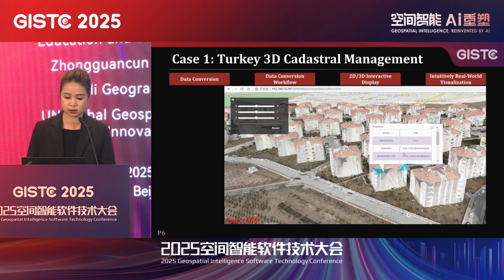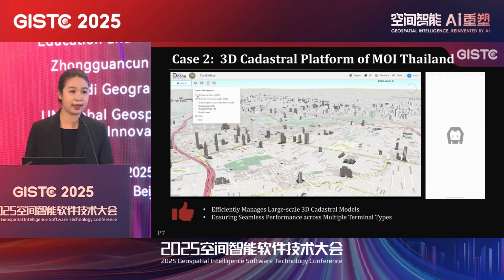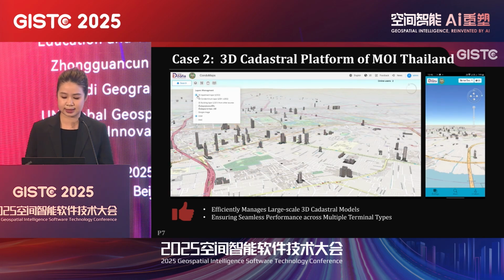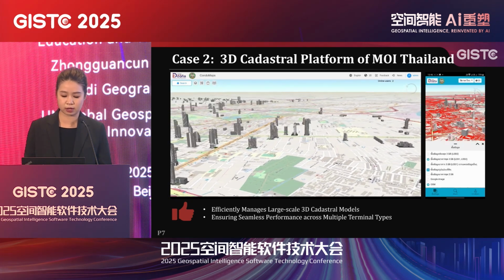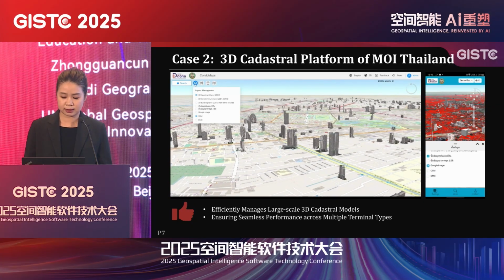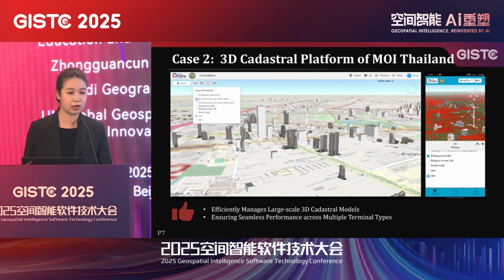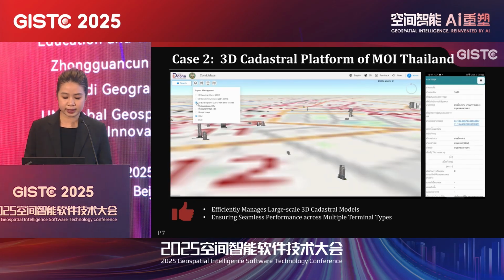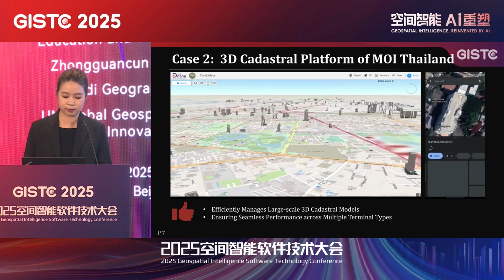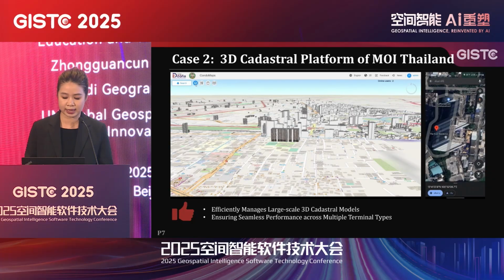geospatial solutions. In Thailand, thanks to our team RDSC, our focus was on managing vast and complex urban environments. SuperMap enabled the efficient management of large-scale 3D cadastral models. The key takeaway here is ensuring seamless performance across multiple terminal types.